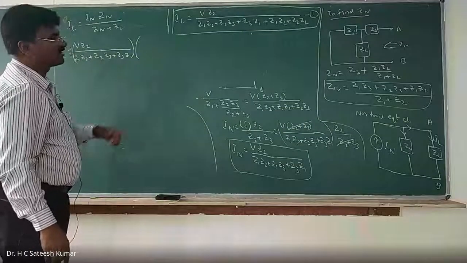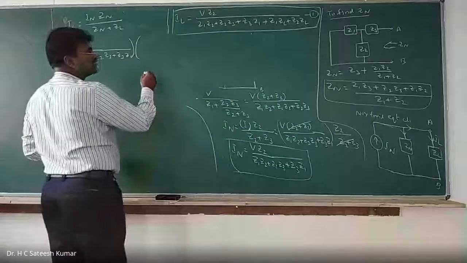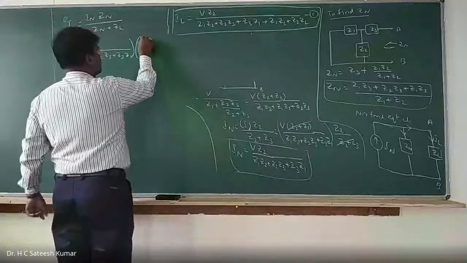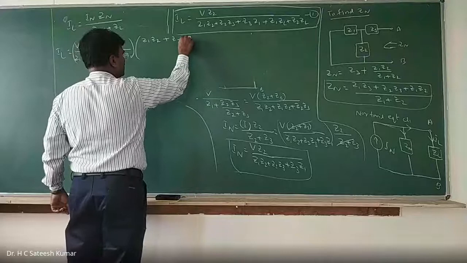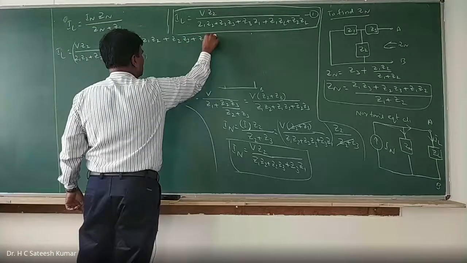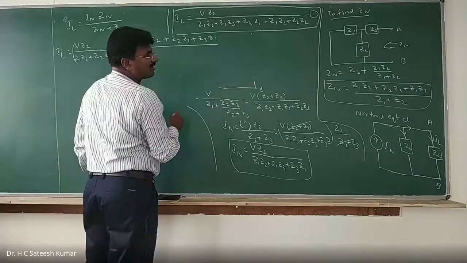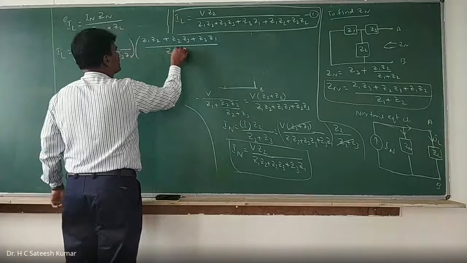Zn is Z1 Z2 plus Z2 Z3 plus Z3 Z1 divided by Z1 plus Z2.